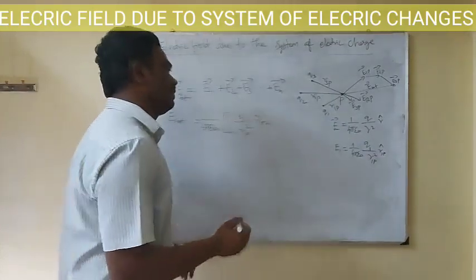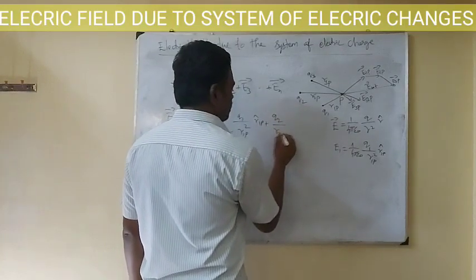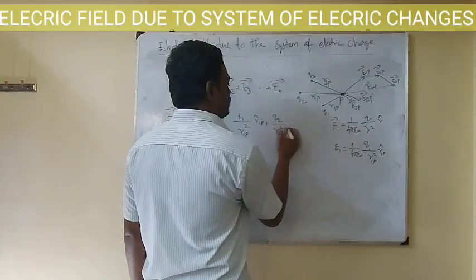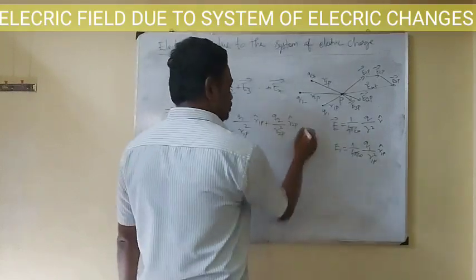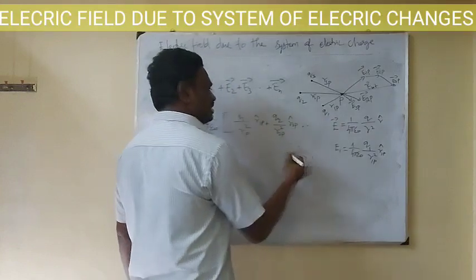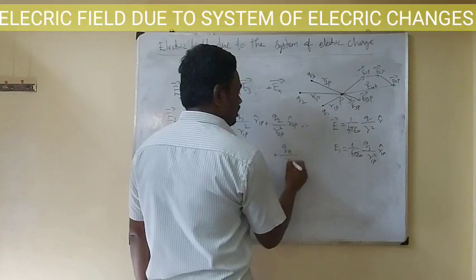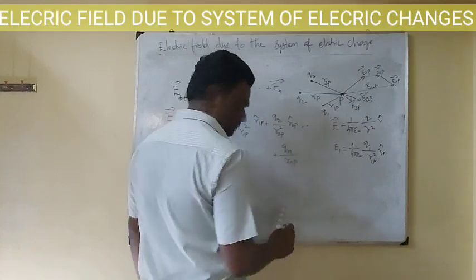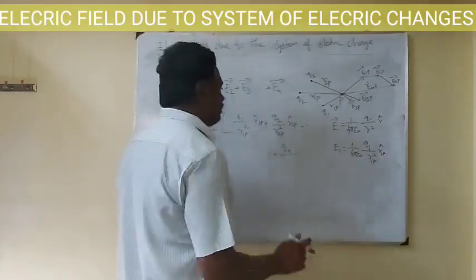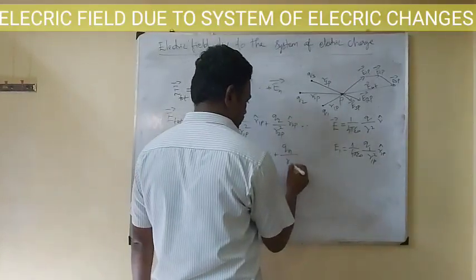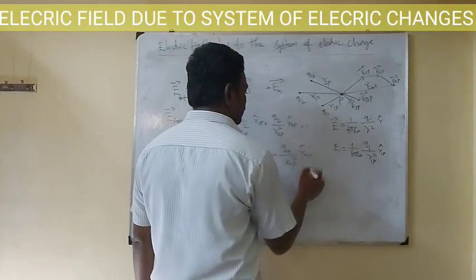Similarly, we can write for the second charge Q2 by R2P square and R2P cap. We can write up to the nth charged particle, so Qn by RNP square RNP cap.